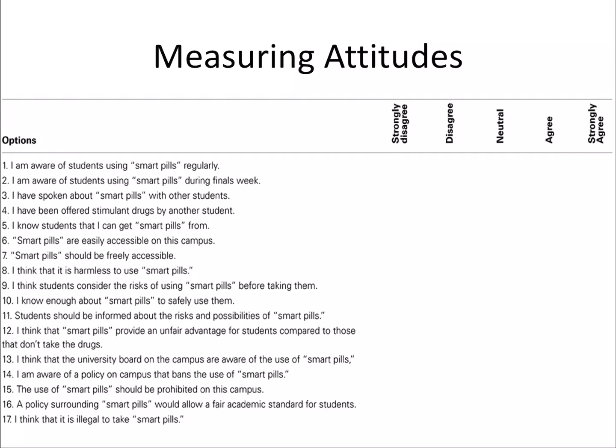One of the things we also do in the social sciences is we measure attitudes. It's important to measure attitudes in several situations, and people set up something known as attitudinal scales.